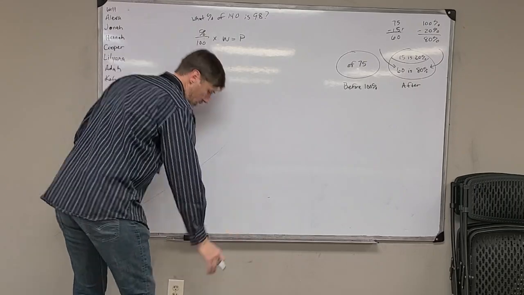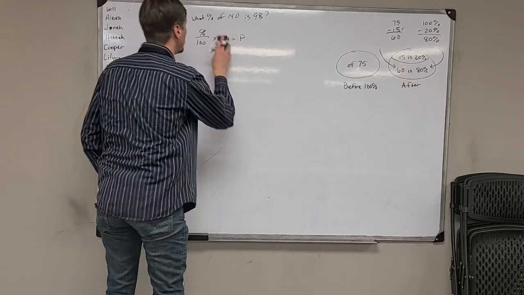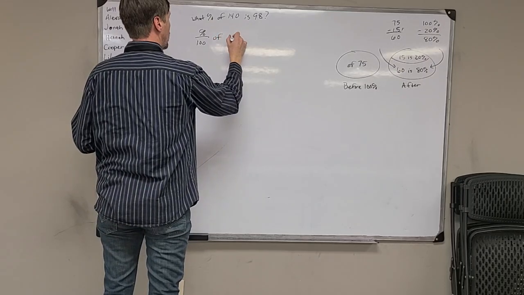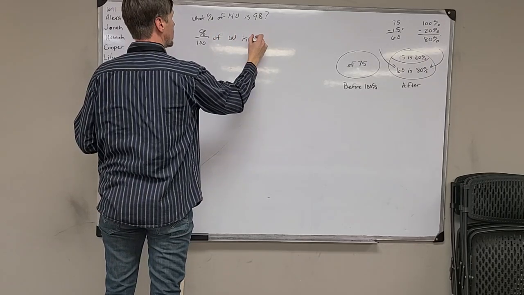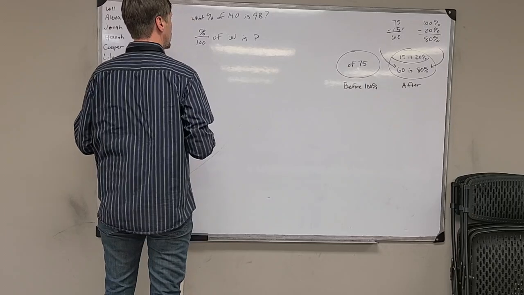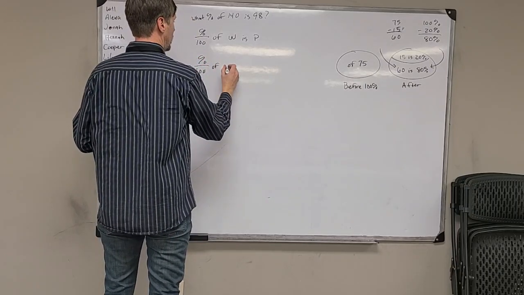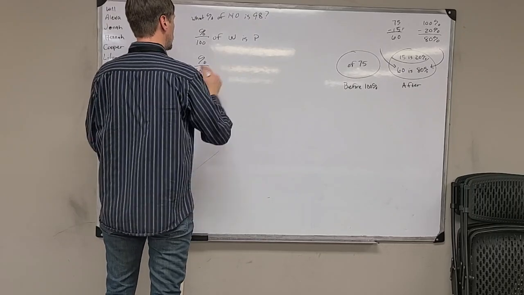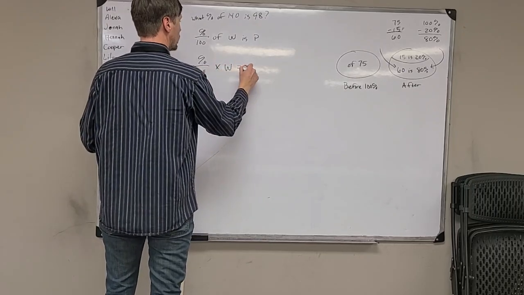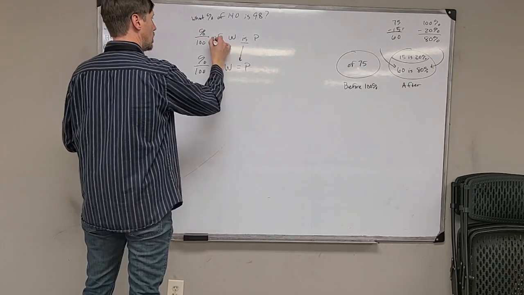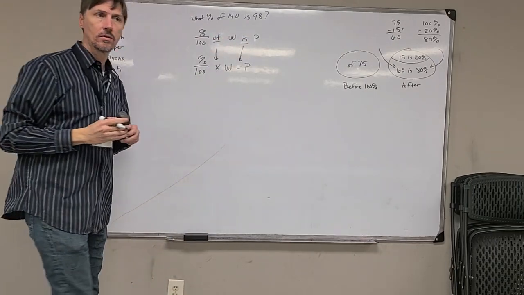And I'm going to write that like this. Well, percent of the whole is the part. Right? That's why I'm saying percent times whole equals the part. Is represents the equal, of represents the times.